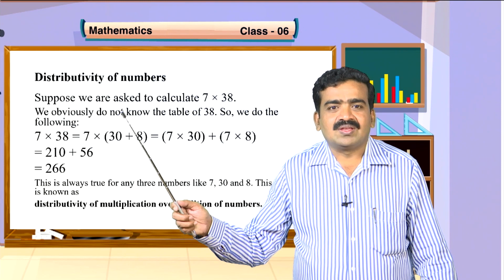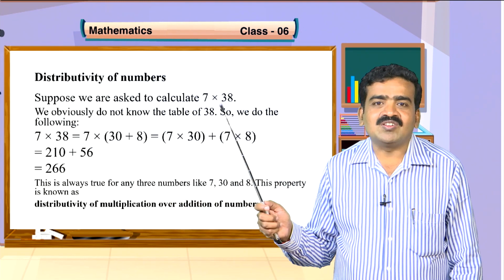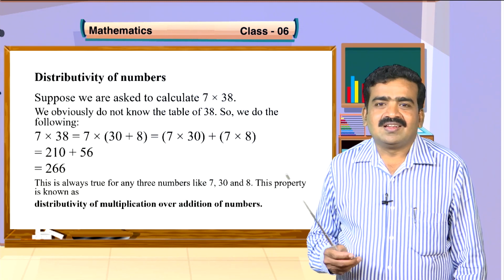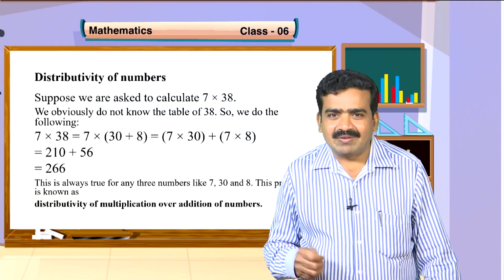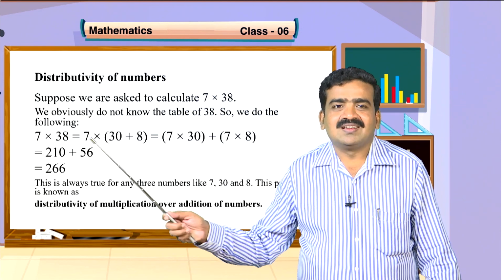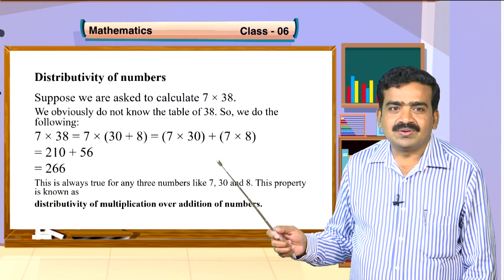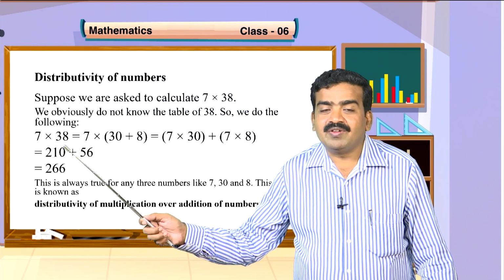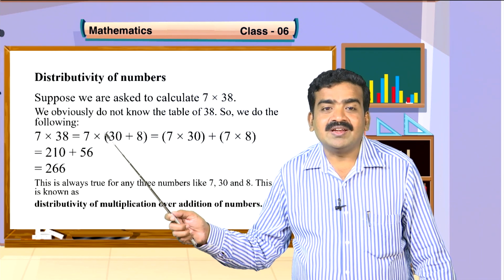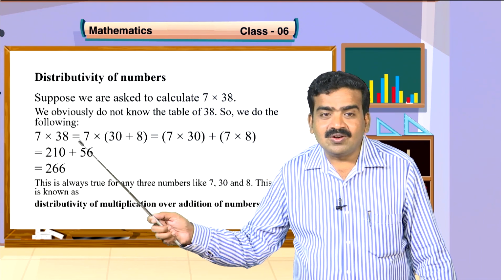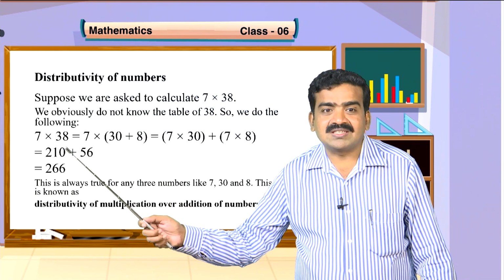Now, come to the distributivity of numbers. Suppose you are asked to calculate the product of 7 into 38, it is a little bit difficult to say the answer quickly, because we do not know the table of 38. So, we do the following. 7 into 38 can be written as 7 into 30 plus 8, since 30 plus 8 gives us 38.